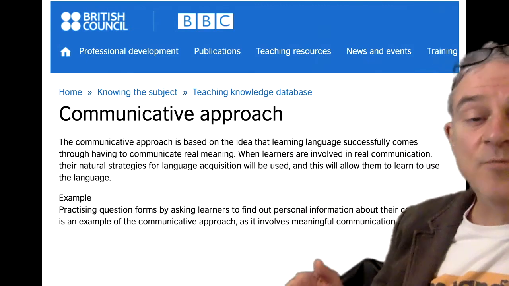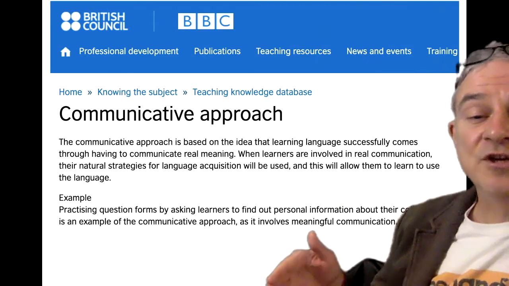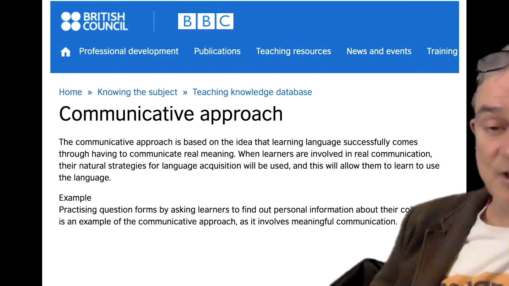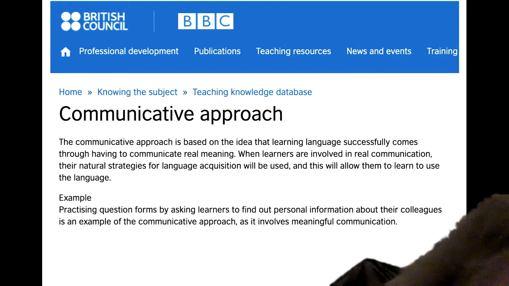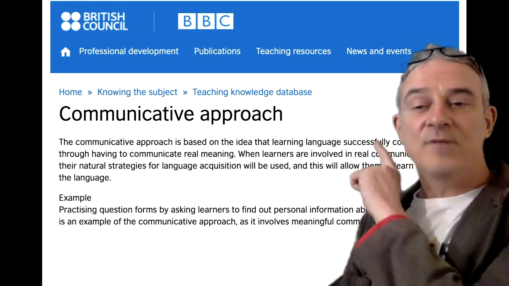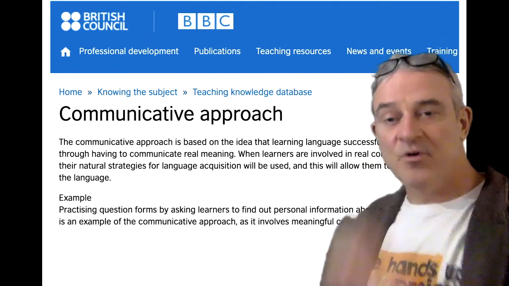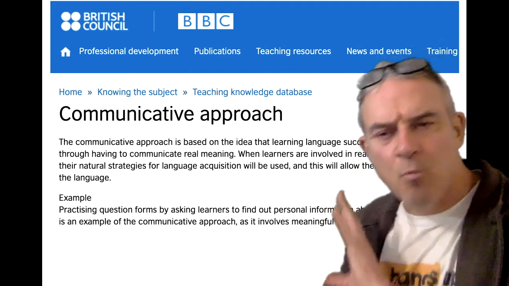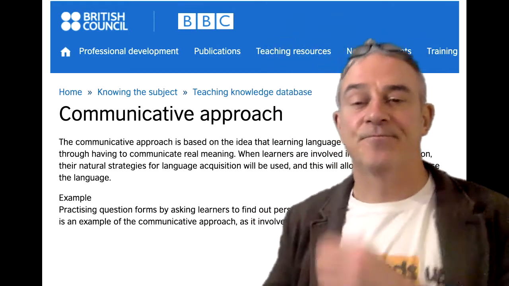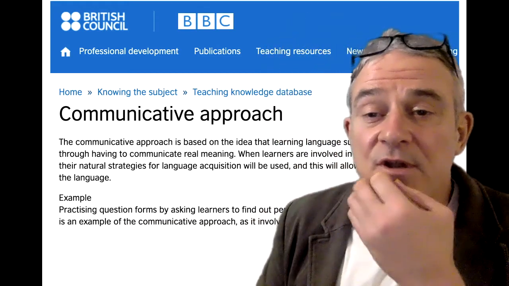And there's an example there, practicing question forms by asking learners to find out personal information about their colleagues. Now, this is from a wonderful website called teachingenglish.org, British Council website, wealth of resources for teachers anywhere around the world. So that's the communicative approach.